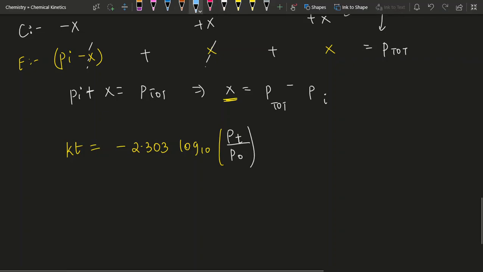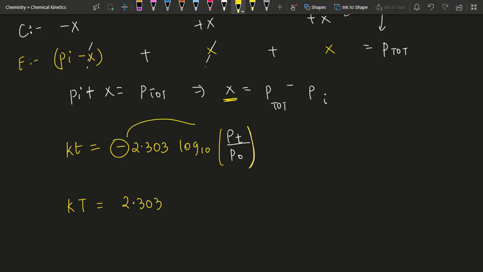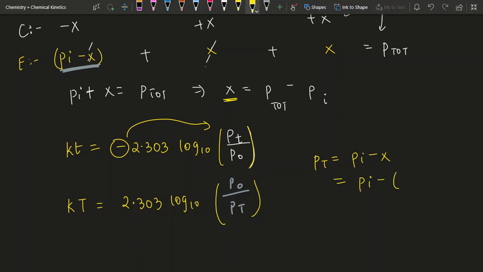And now instead of small t, you would write capital T. So k capital T equals 2.303, this negative sign would flip the log, so log to the base 10 of P naught over P at time t. And P at time t, this partial pressure, is equal to pi minus x, and for x you write P total minus pi, and that is equal to 2pi minus P total.